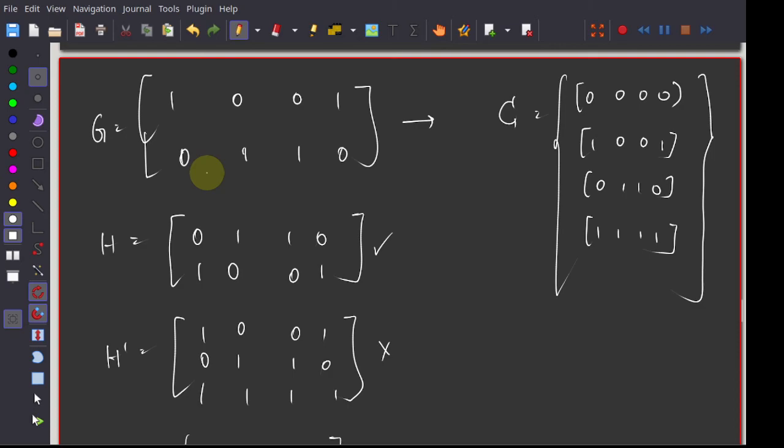If I give you a vector space of dimension k over F2, then how many vectors are there in that space? 2 power k. Right? So in this case, how many vectors are there in the right null space? 4. So, and is every code word there in the right null space of H?